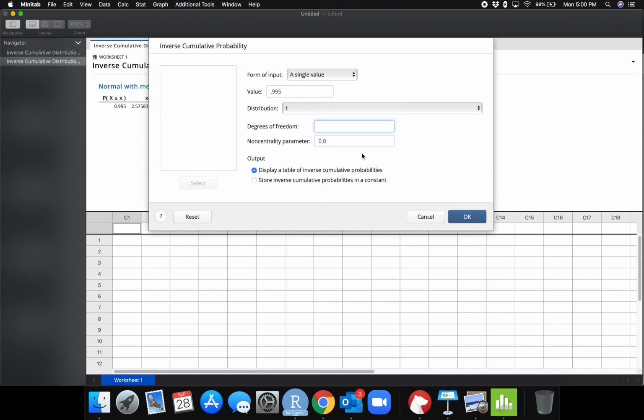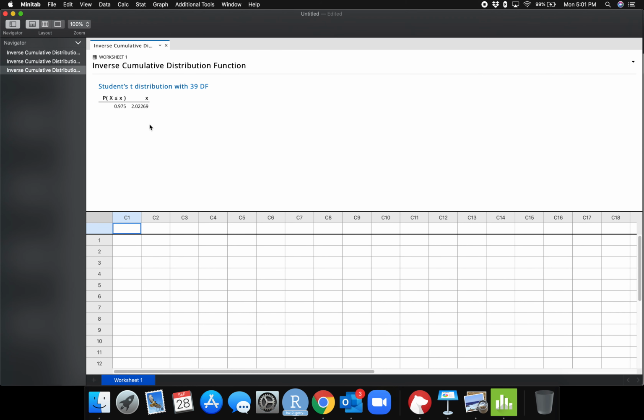N was 40, and so the degrees of freedom is 39. There's also this thing called a non-centrality parameter, but you don't need to worry about this. Technically, you could enter a number in here other than 0, and that would move the t-distribution to not have a mean of 0, but a mean of something else. But we want a mean of 0, so we stay there, and then the value is 0.975, based on what I just said.